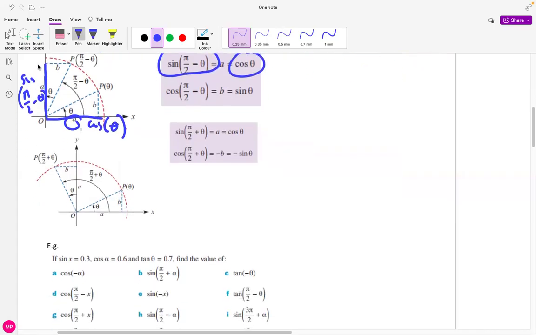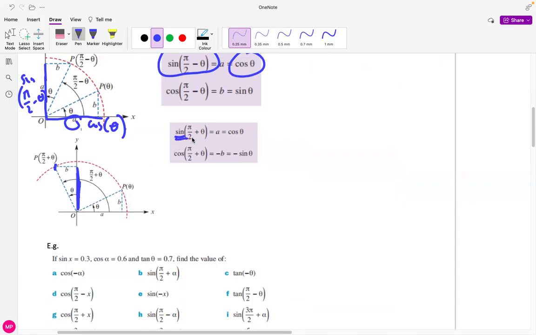All right, with similar logic, we can derive the same formula if we do sine of pi over 2 plus theta. So you can see pi over 2 plus theta is in the second quadrant, right? We're talking about sine, so we're talking about the vertical distance, that distance here.